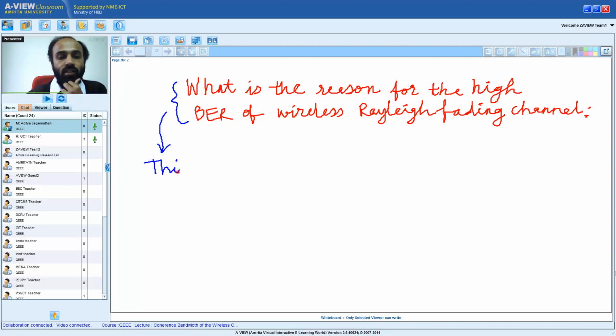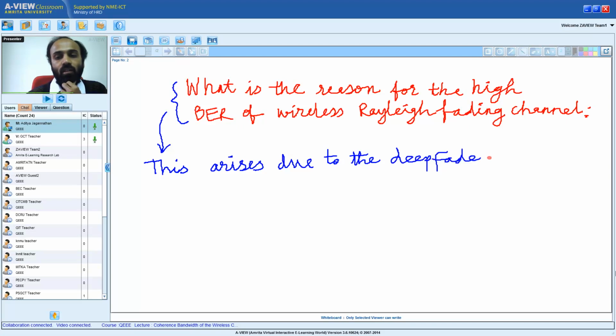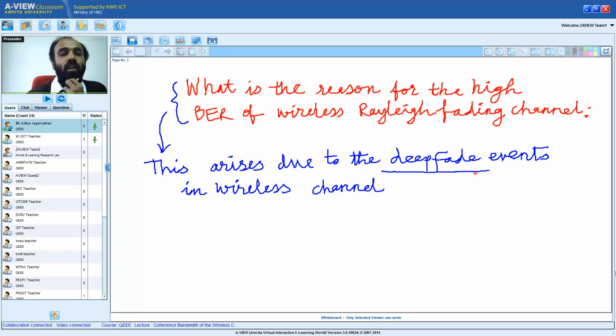That is, the poor bit error rate performance of the relay fading channel arises due to deep fade events in the wireless channel.